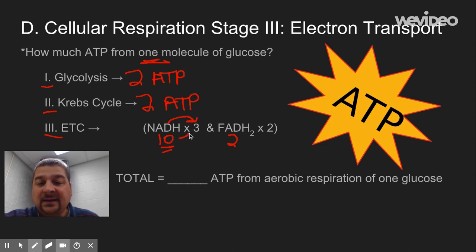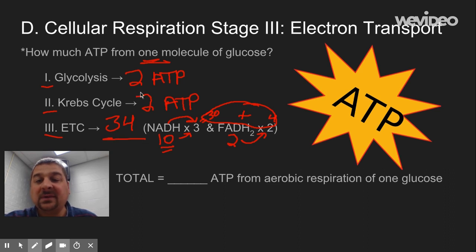So 3 times 10 gives us a total of 30. FADH2 enters the electron transport chain further down, so it can only make 2 ATP per FADH2. So 2 times 2 is 4. We add those up together. The electron transport chain gives us 34 ATP. Total these up, 34 plus 4 gives us 38 ATP from aerobic respiration.